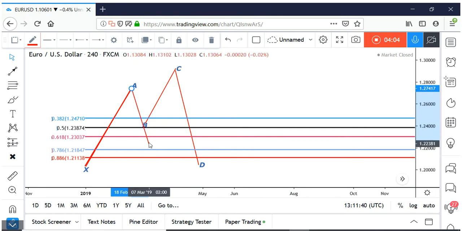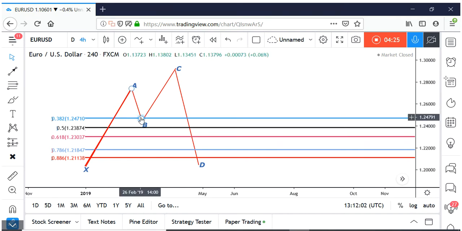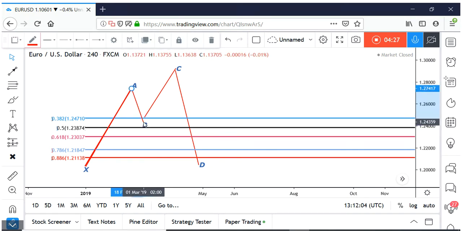It can cross 0.618 and close between 0.618 and 0.786, but must not touch 0.786. Let me repeat it again because this is very important. The B leg has to touch 0.382. If it touches 0.382 and stops, and then the move up continues, that's fine. That qualifies it. If it crosses 0.382 and touches 0.5, it is still fine.